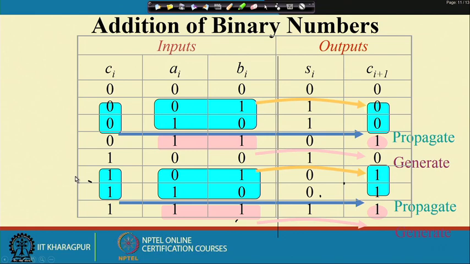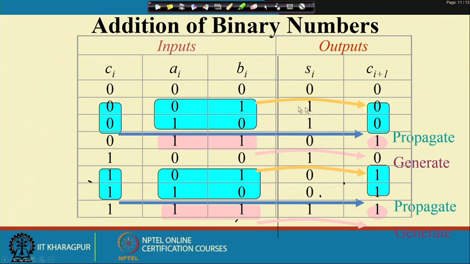So, for carry generation, the logic is A and B, Ai into Bi. For propagation, for 0 1 and 1 0, what is there? The logic is A XOR B. That means for both the cases the sum is 1.